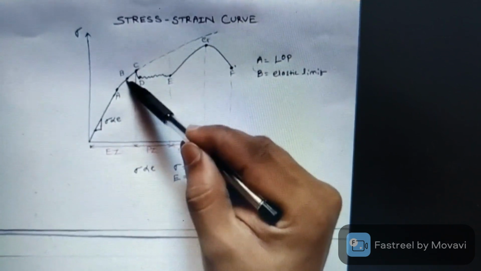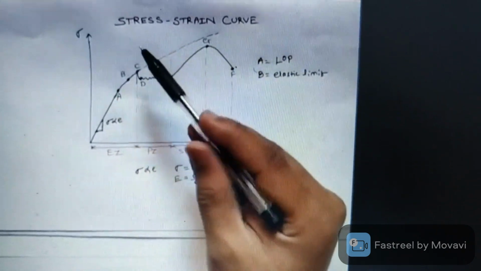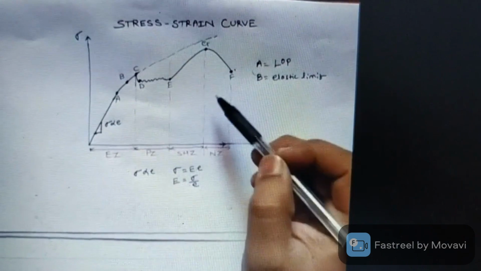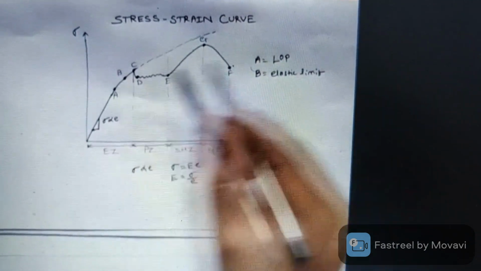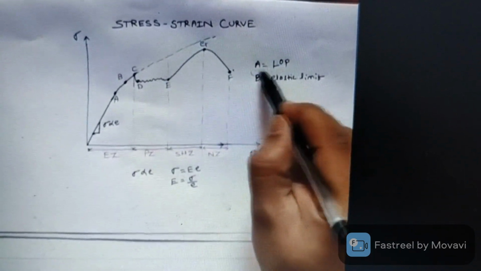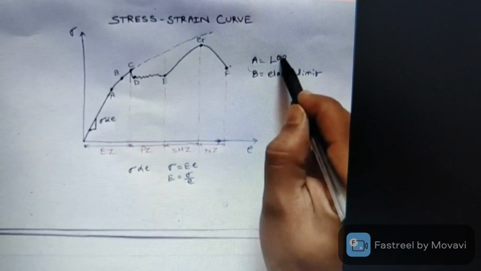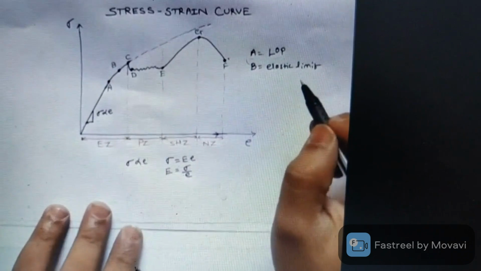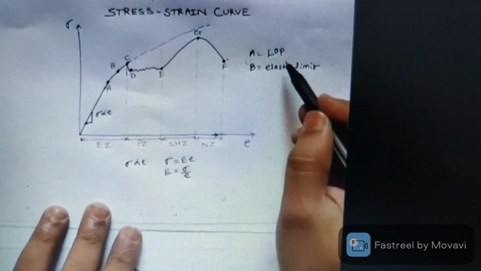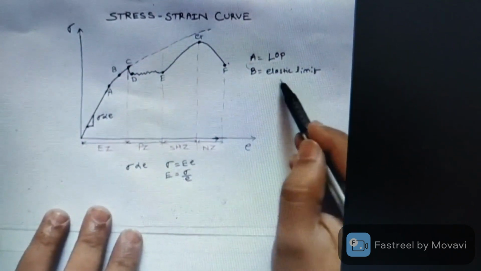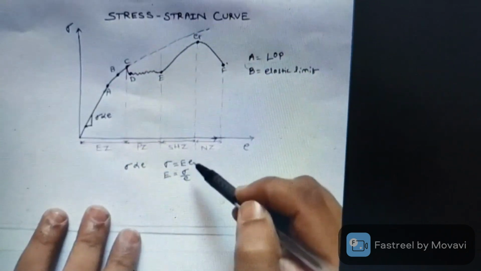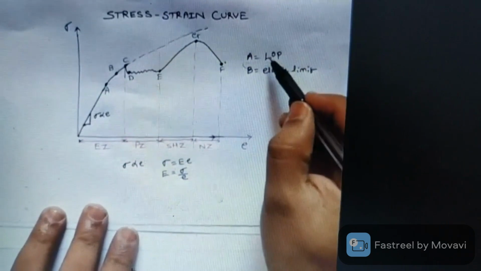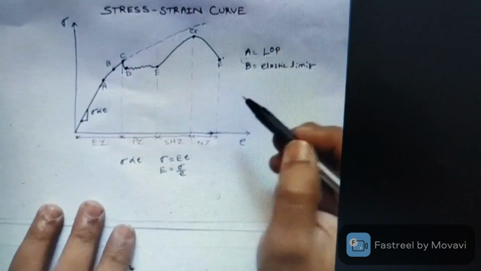It means that stress is not directly proportional to strain in this region. It is strictly proportional only up to the limit of proportionality. This point is very important, and most of the time people get confused between limit of proportionality and elastic limit.